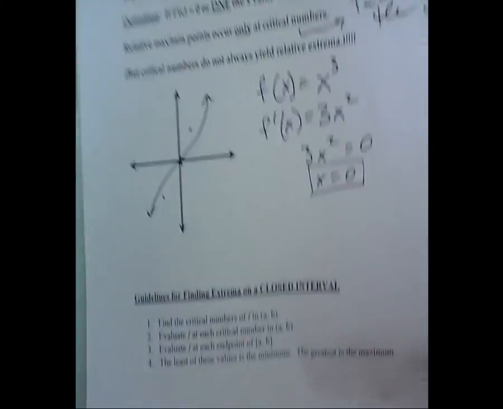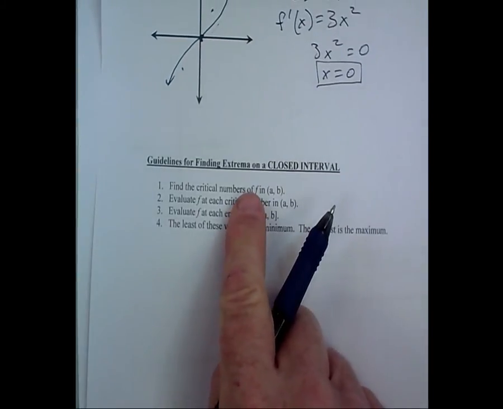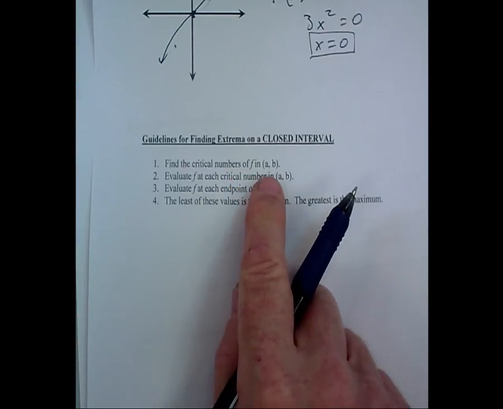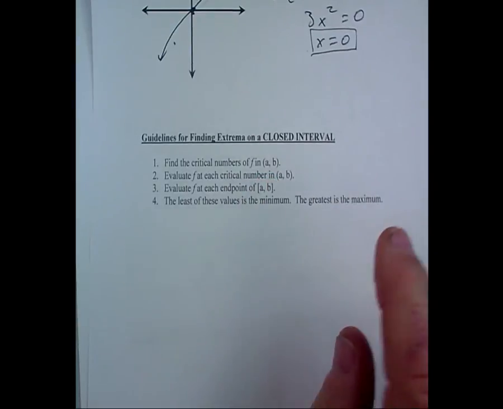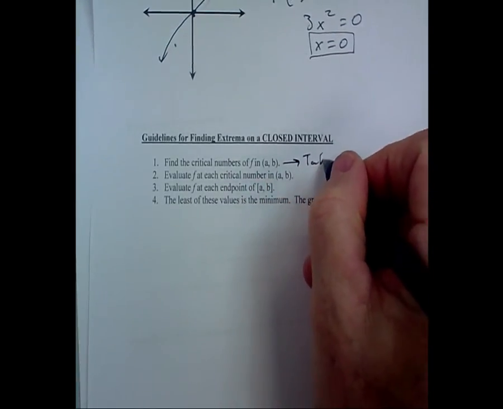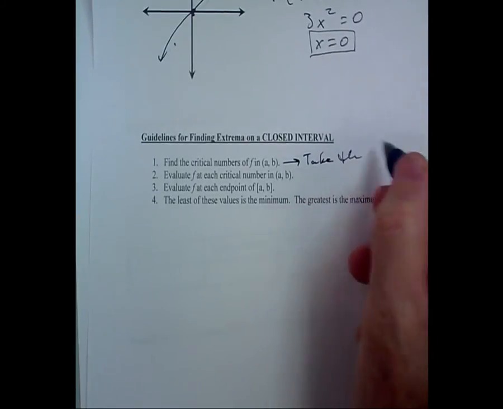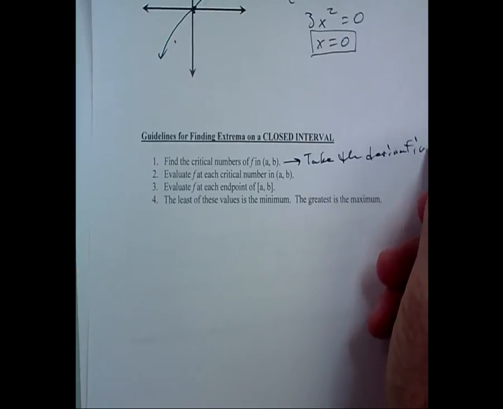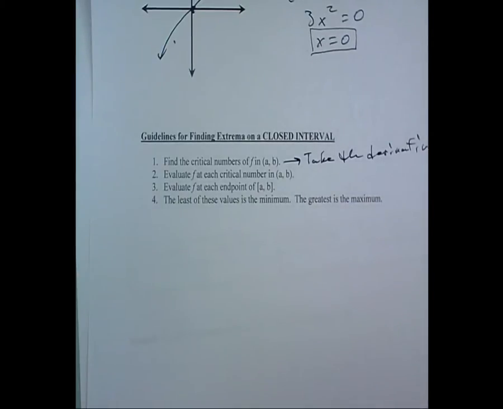So here are the guidelines for finding the extrema on a closed interval. You find the critical numbers between a and b. How do you do that? You take the derivative. But make sure you look both in the numerator and in the denominator.